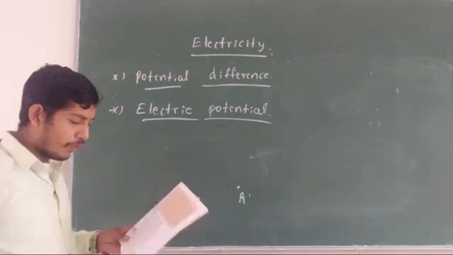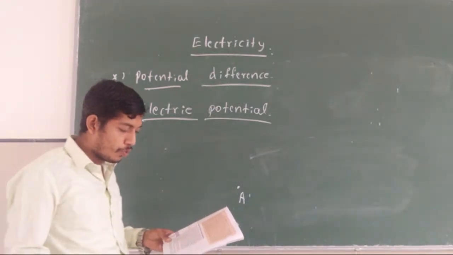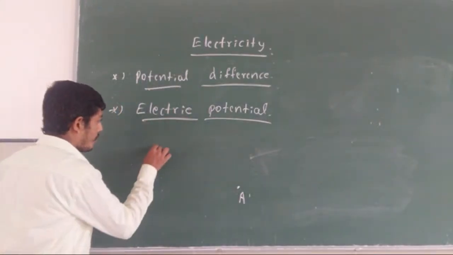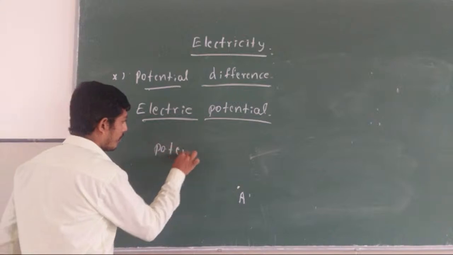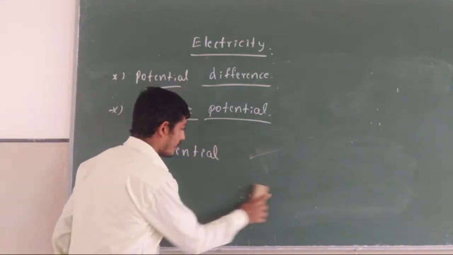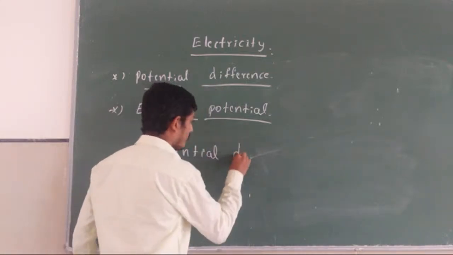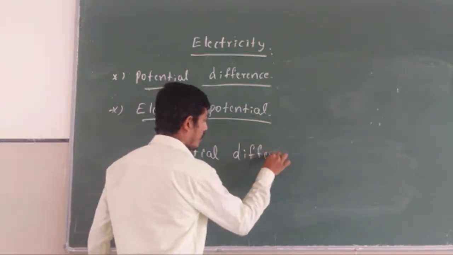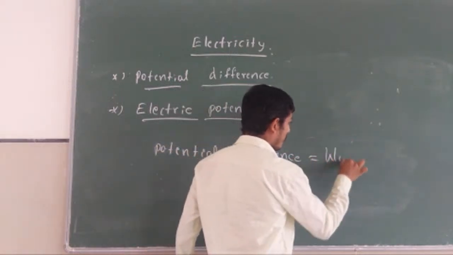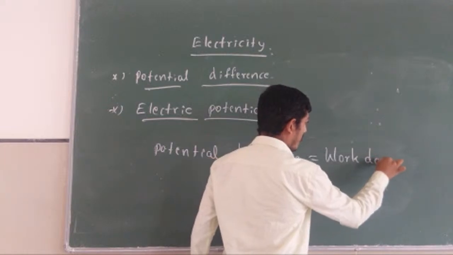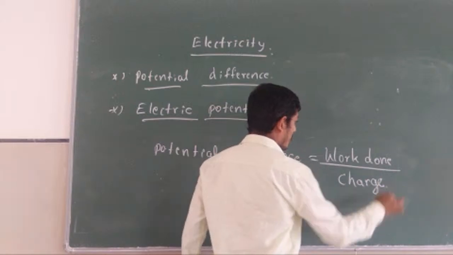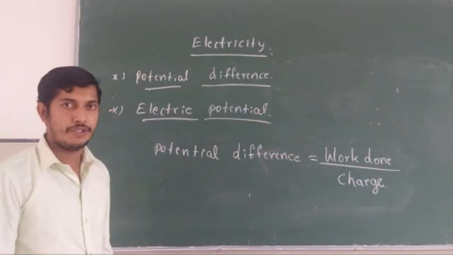Based on that they give one formula: the potential difference between the 2 points equals work done divided by charge.